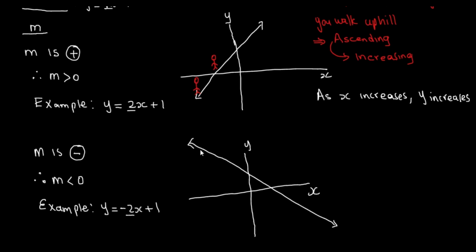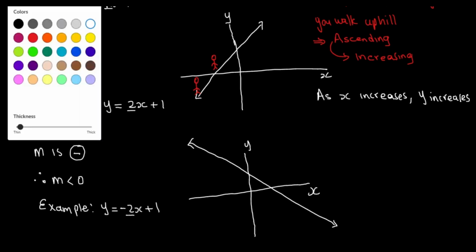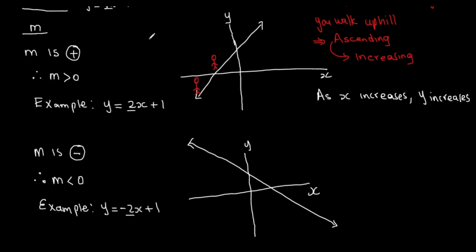Remember, you're still walking from left to right. I'm just going to put you somewhere up here, and this is you. Now you see that when you walk from left to right, what is going on? This time, when you walk from left to right, you are going down here.